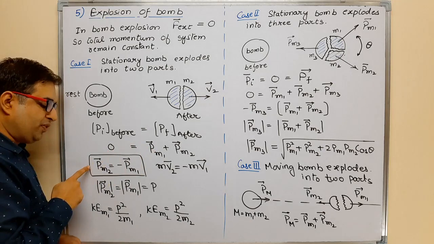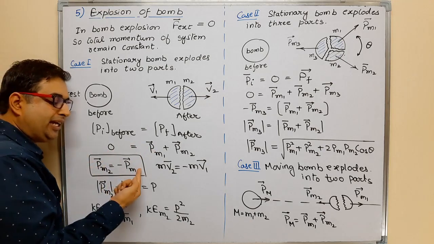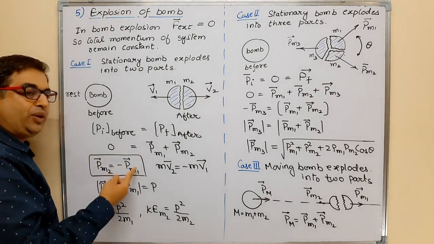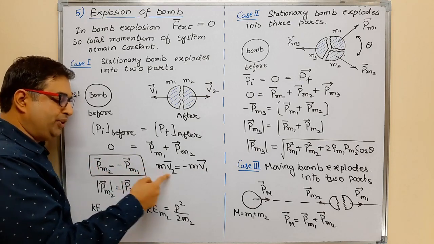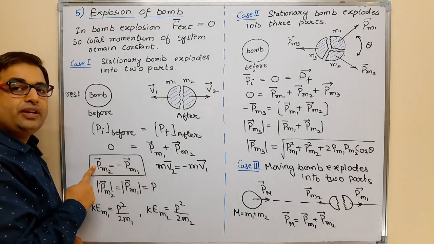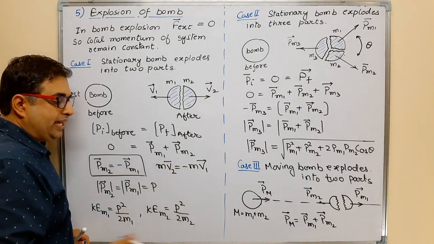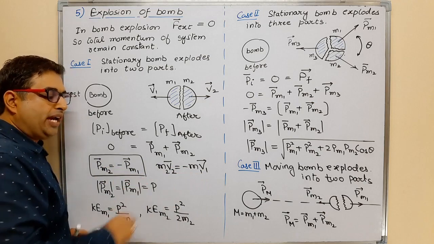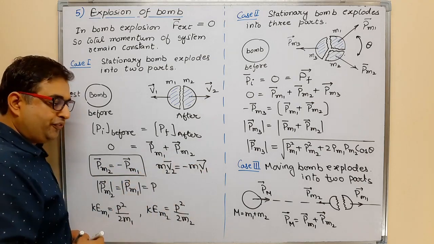So from this we will get momentum of one part is exactly opposite to other part. So momentums are equal and opposite. You can put the values of momentum. M2 into V2, the momentum of second part, is equal to minus M1 into V1.